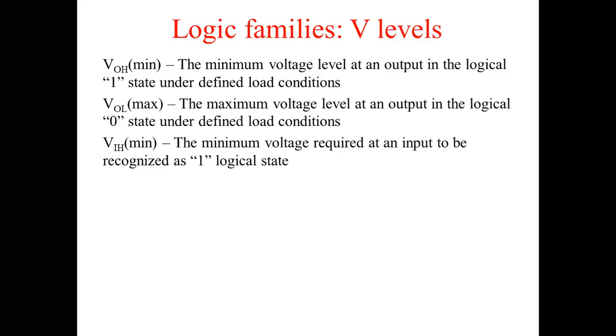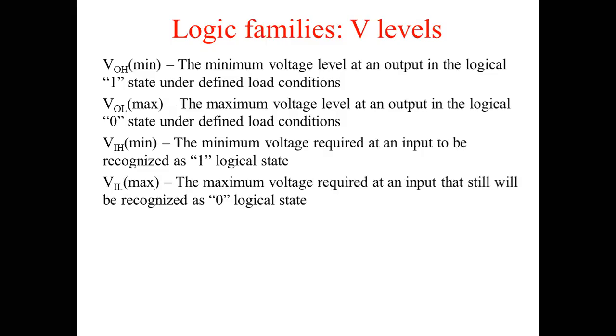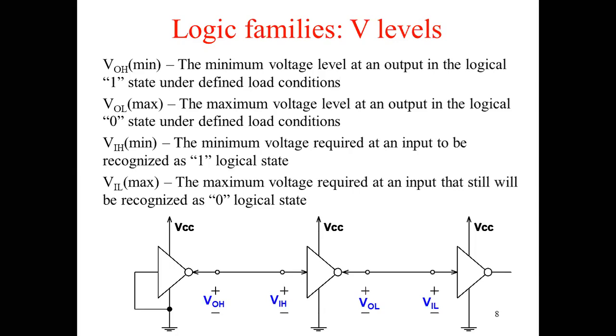VIH, input high, is the minimum voltage required at an input to be considered as logic 1. VIL is the maximum voltage at an input that will still be recognized as the logical 0 state. Here you can see I have cascaded some inverters. Whenever the output of this inverter is 1, this 1 is fed to the next inverter, that is a NOT gate.